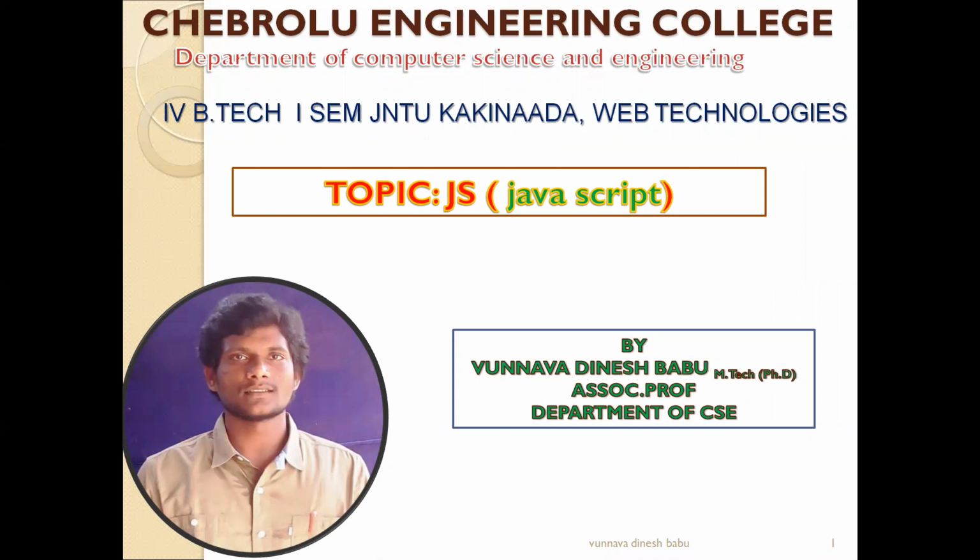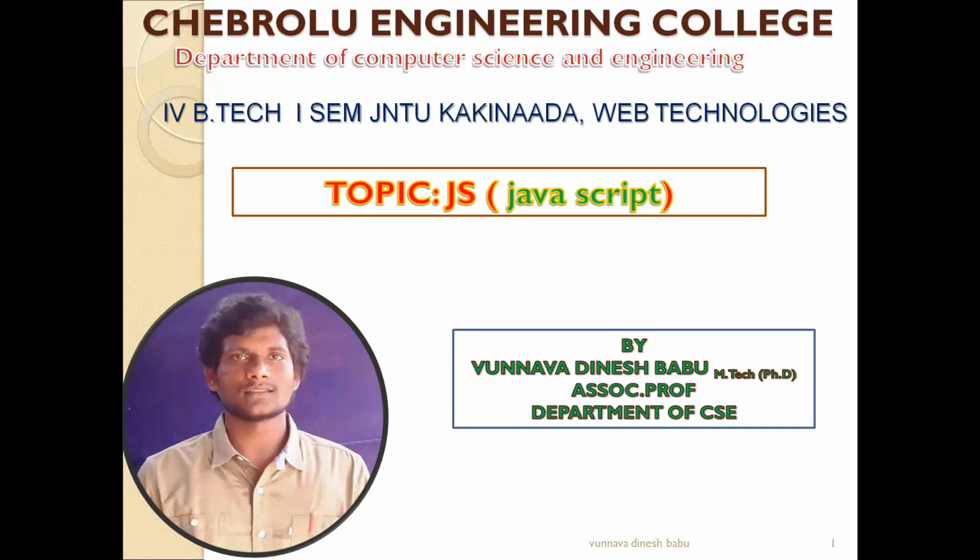So these all things are very familiar from other programming languages like C, C++, and Java. We have studied all these three languages. So here also the syntaxes will be almost similar, but they will have some differences. I will show the differences and I will explain each and everything, right?